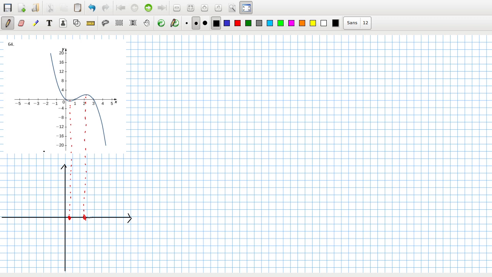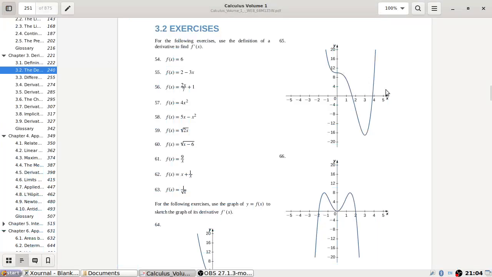So negative, positive, negative. It's going to be a quadratic like this. That's the shape you're going to get. Quadratic.